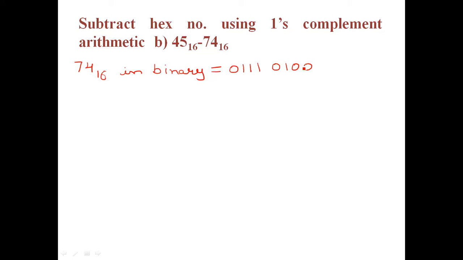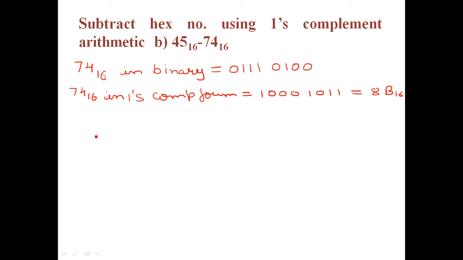Next step is 74 in ones complement form. So this will be 1000 1011. Now we have to write this number in hex, so it is 8B.